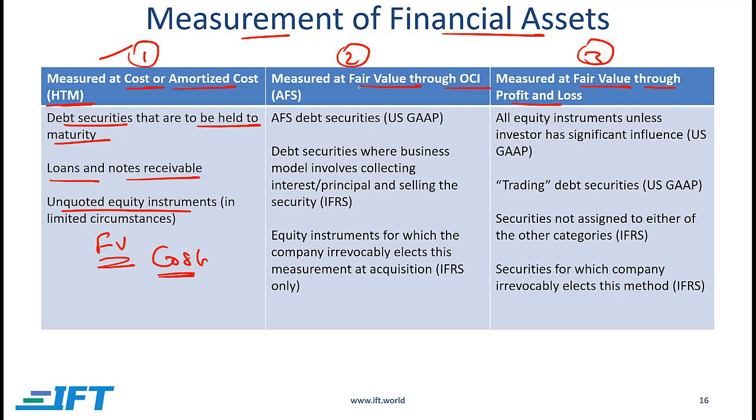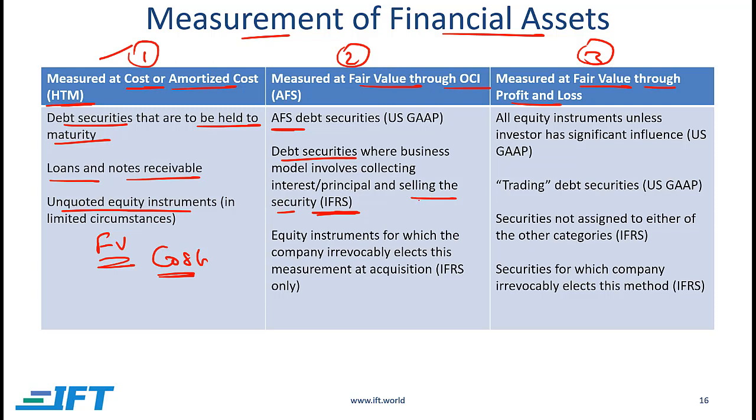Next, we have measured at fair value through OCI. In the US GAAP context, this is also called AFS or available for sale. Under IFRS, this method is used for debt securities where the business model involves collecting interest and principal payments and also possibly selling the security.